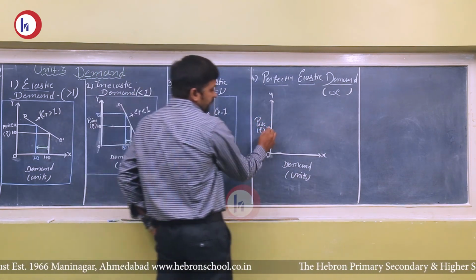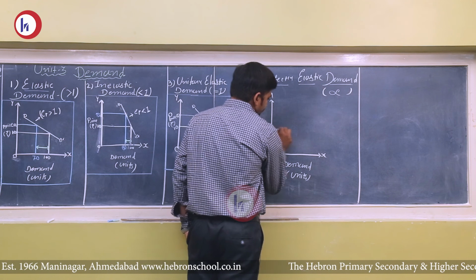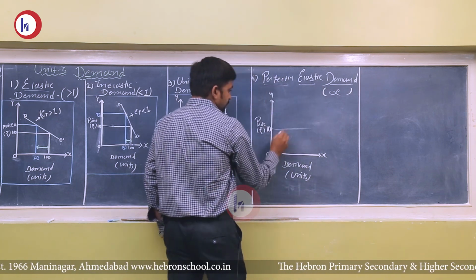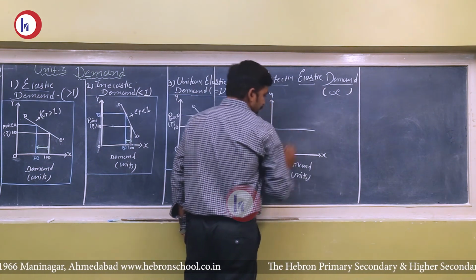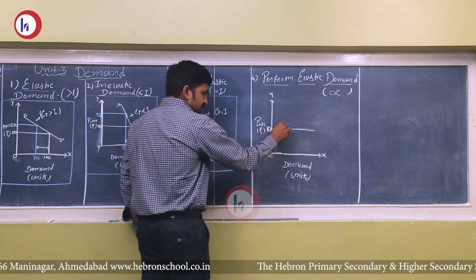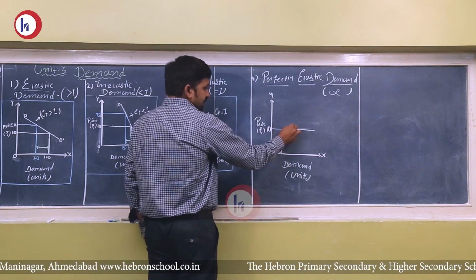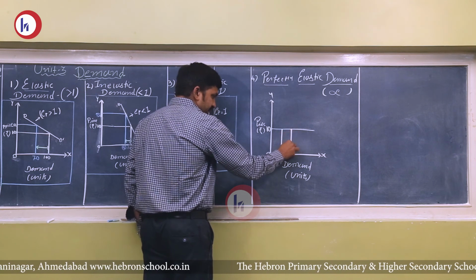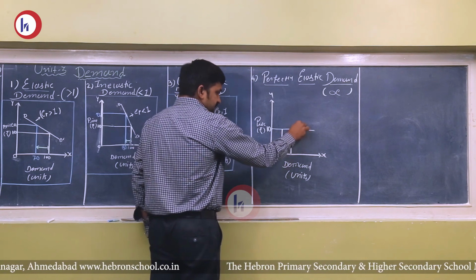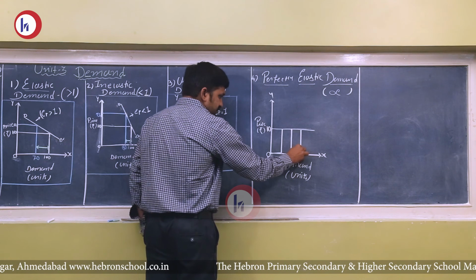So if I draw in this way, at price 10, demand was 100, price is still same, demand increases, price is still same, demand still expands.